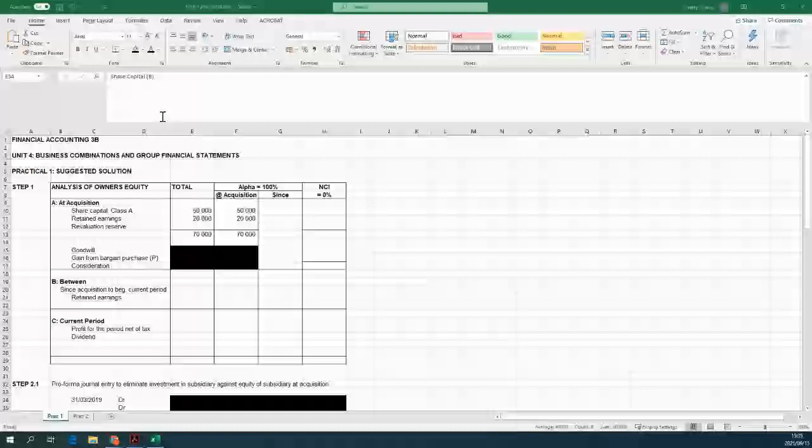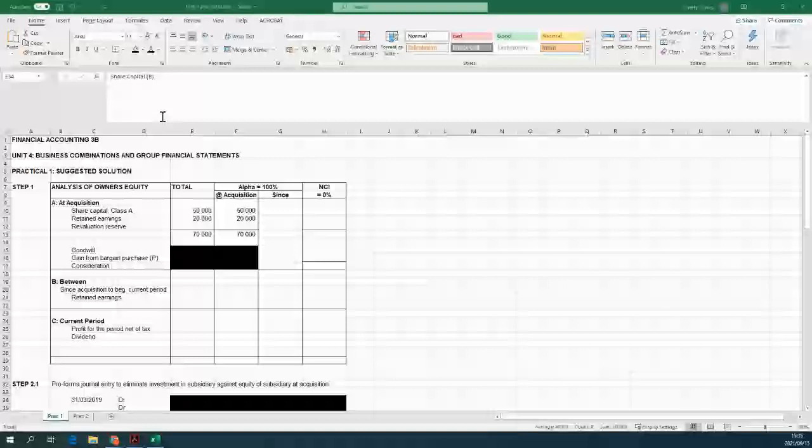Okay, so I'm just going to zoom in a bit to make sure you guys can see. Okay, can you guys all see clearly the template there in Excel? Yes, we can. Okay, great. So I've zoomed in as much as I can.